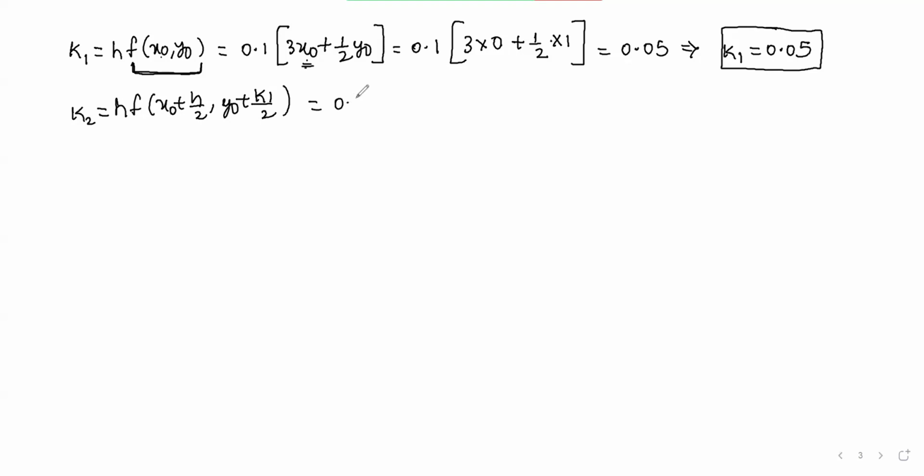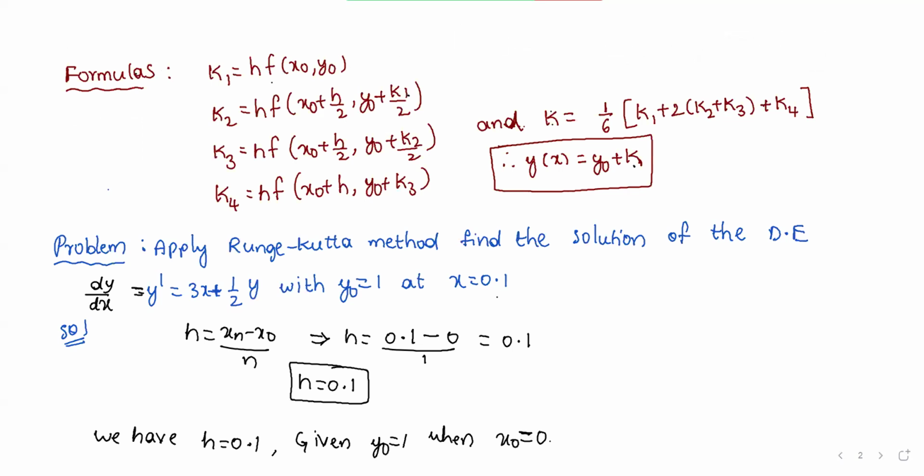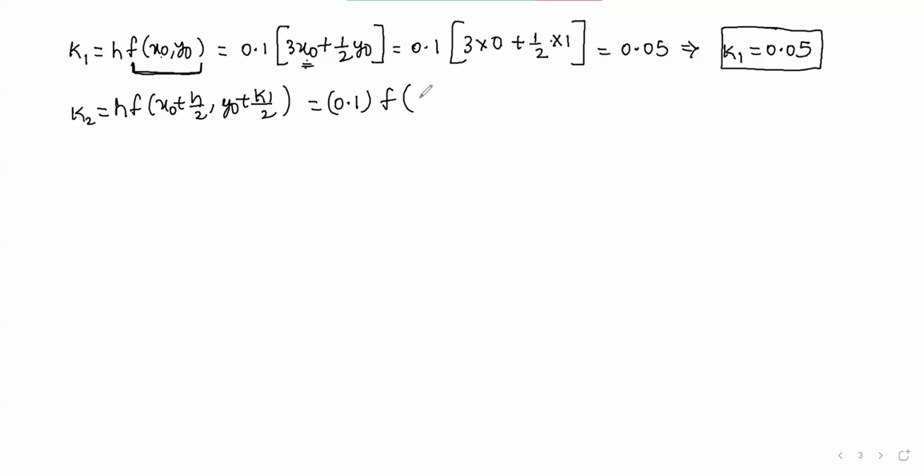That is equal to h, meaning 0.1, into f of x naught plus h by 2, where x naught is equal to 0, plus h by 2, h meaning 0.1 by 2, comma, y naught, that is 1, plus k1, meaning 0.05, divided by 2.